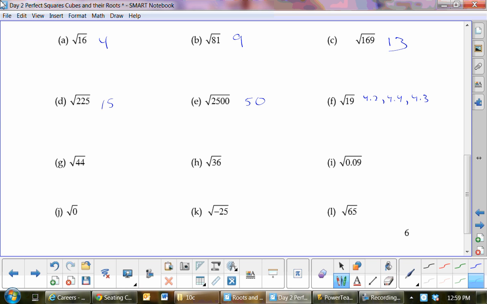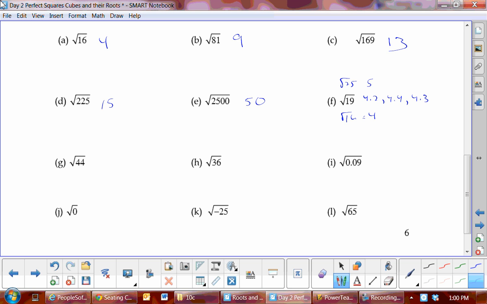Give me the perfect square below 19. 16. So that equals the square root, and then the one above. Okay, so I just want you to look at this, please. If you have 5 and 4, you have to decide: 19 is maybe a little bit closer to 16, right?